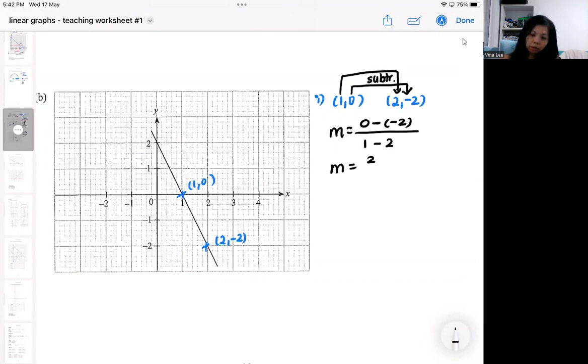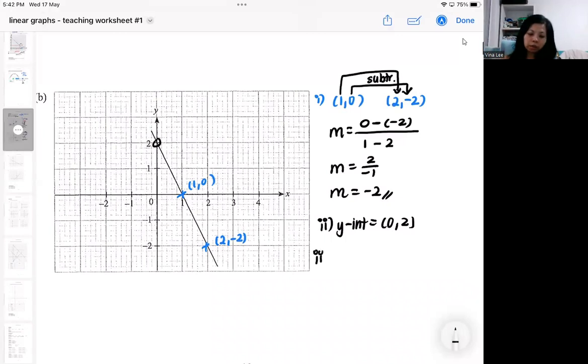From here, you will get a negative gradient. So it does match the idea that you are expecting, because the line is downward sloping. You are expecting a negative gradient. And the y-intercept is here. The y-intercept is 0, 2. So the line is coming down and cutting through 2.